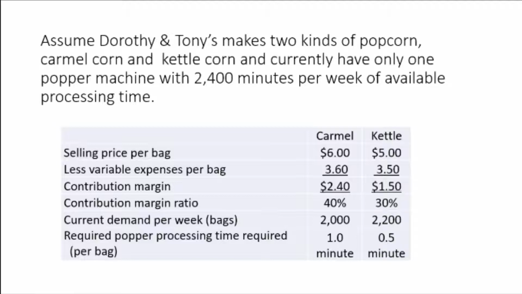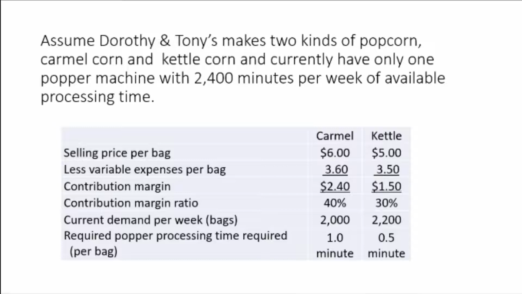So I've given you basic information about caramel and kettle corn: their selling price, their variable costs, and their contribution margin. Notice that both of the variable costs are about the same, but the caramel corn has a higher selling price than the kettle corn and has a higher contribution margin ratio and contribution margin per bag.